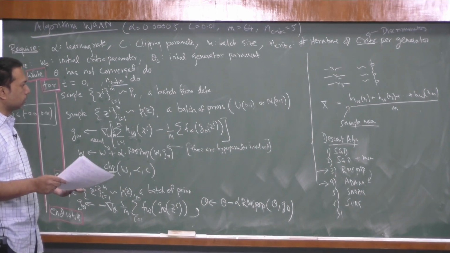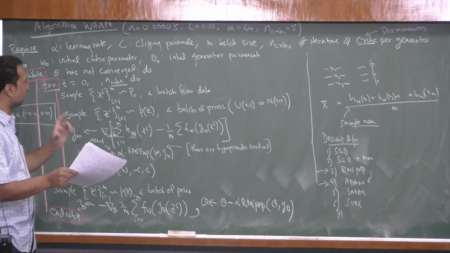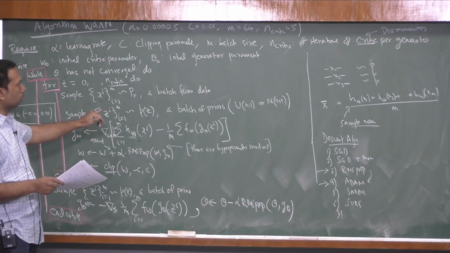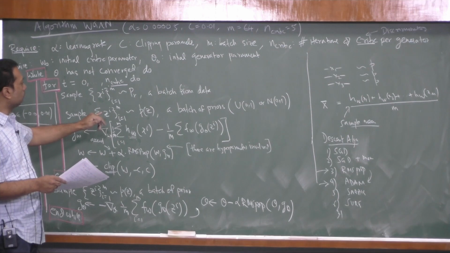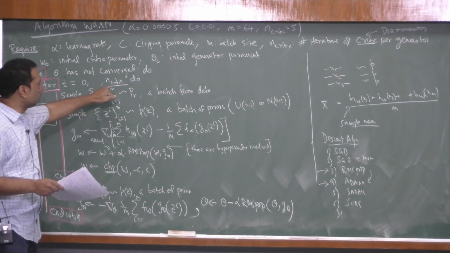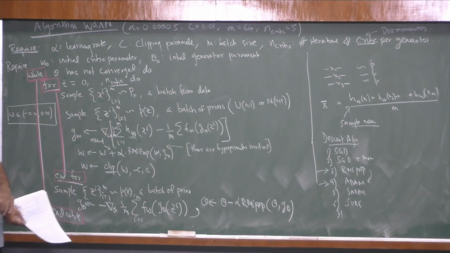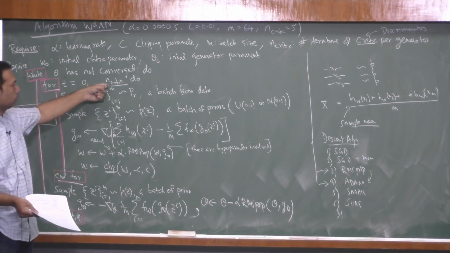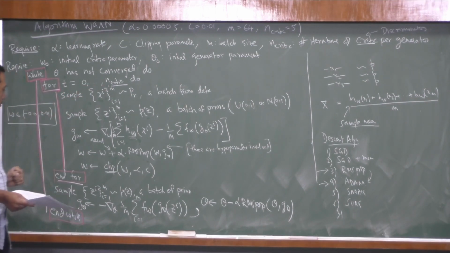That's related to how the training goes. If you overdo it, there is a concept of overfitting here also. If you do too much training of the discriminator, you will have problems. Here WGAN is not that sensitive. That's what they noticed in their experiments.